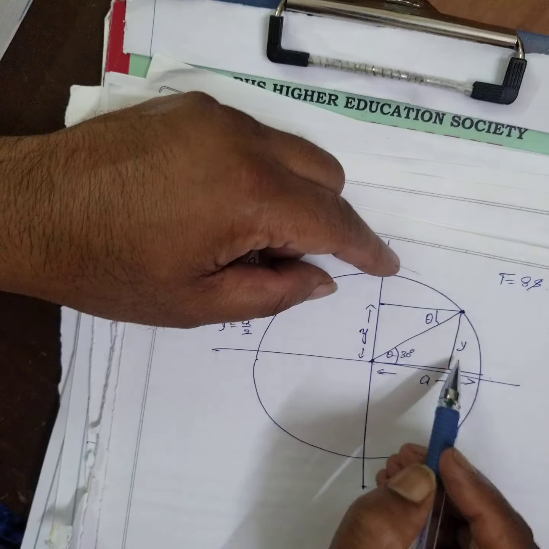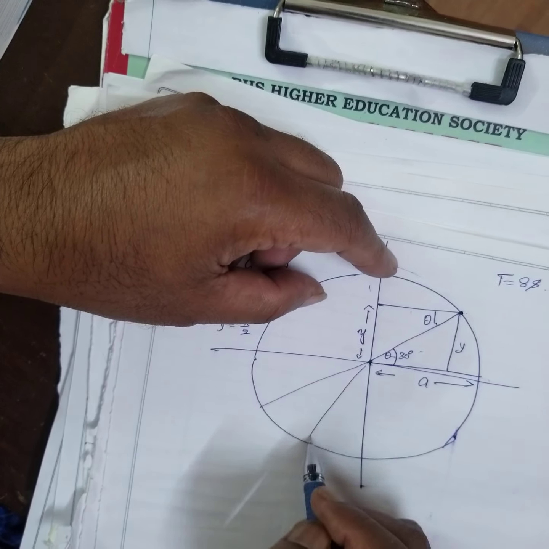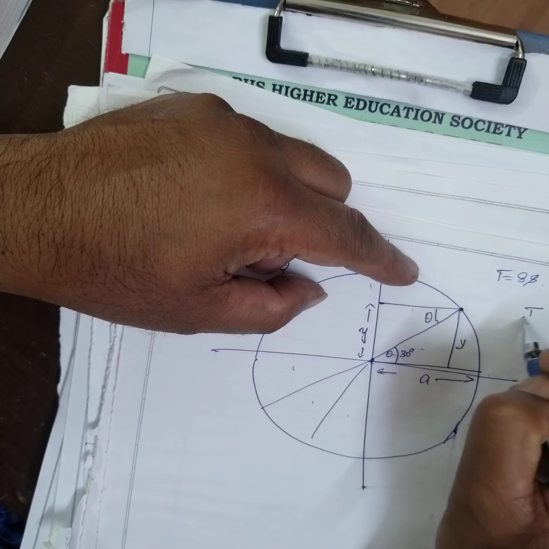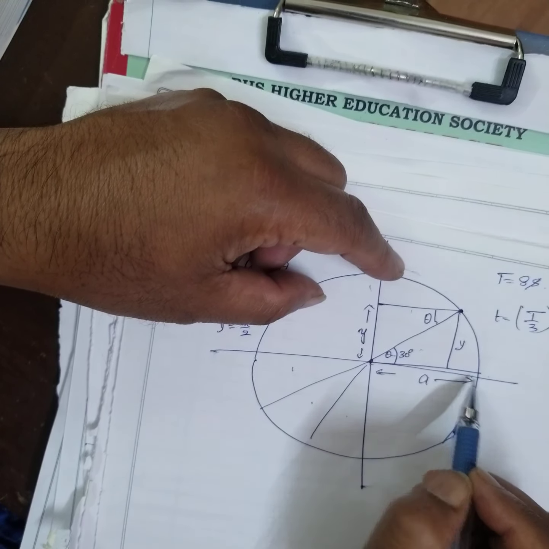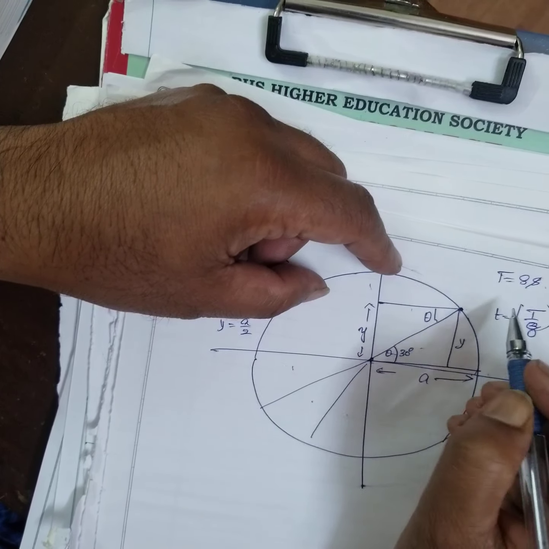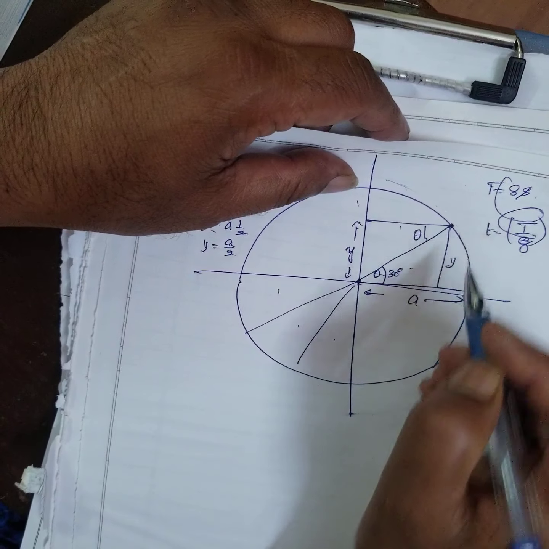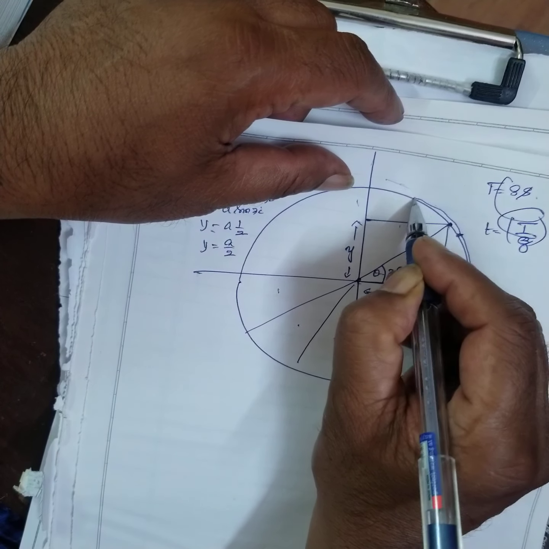See here 30, 30, 30, right? You see this is divided into 3 equal parts. In 1 second it covers 30 degrees. Assume it takes 1 second, 1 second, 1 second.